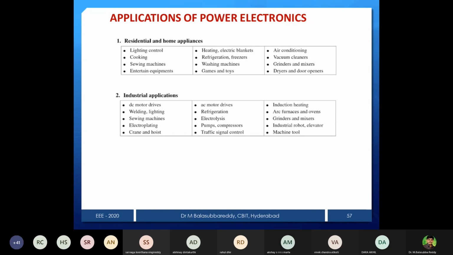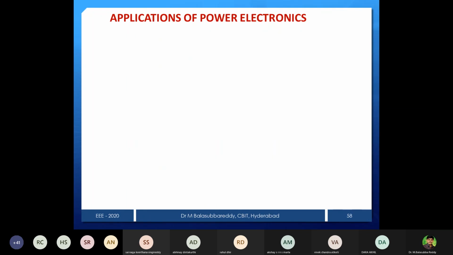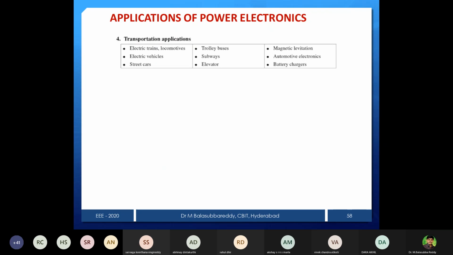In industry applications, electric drives means DC motor, AC motor, machine tools, arc furnaces, ovens, grinders, mixers, and then commercial applications also. Fans, elevators, many industrial applications, and transport also.